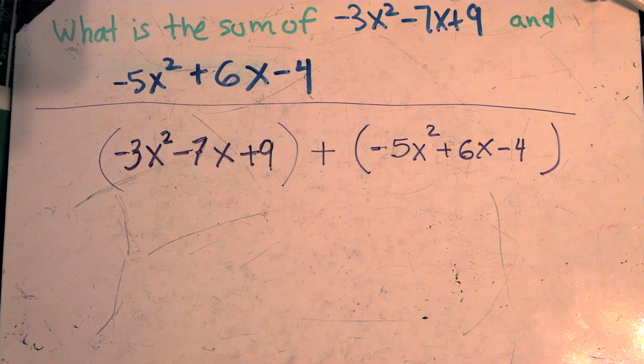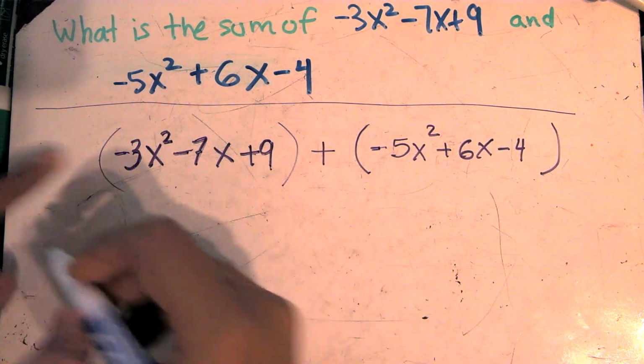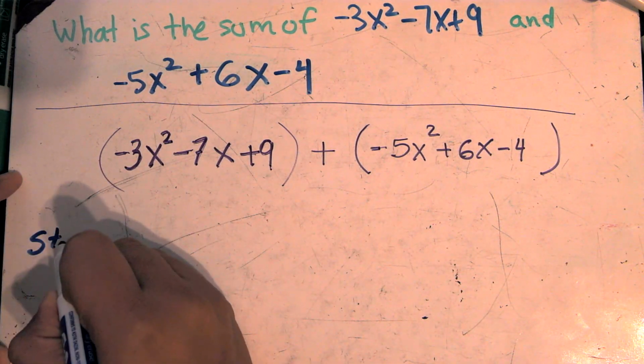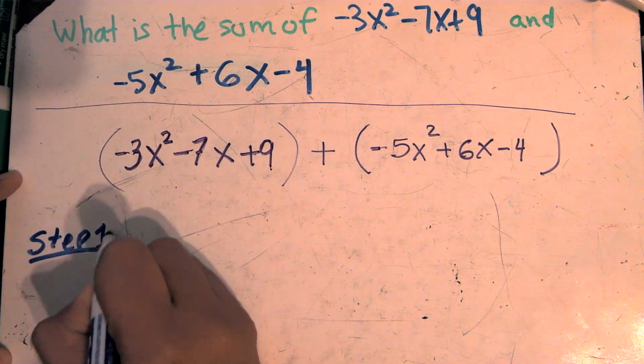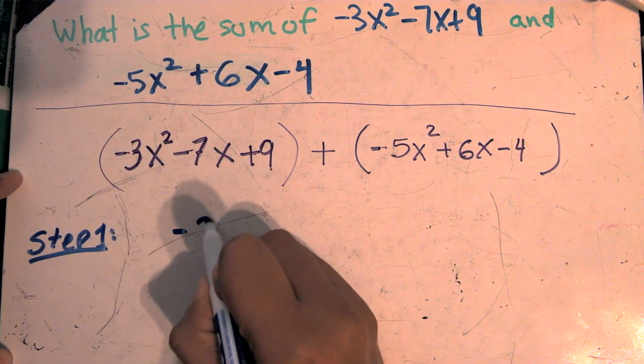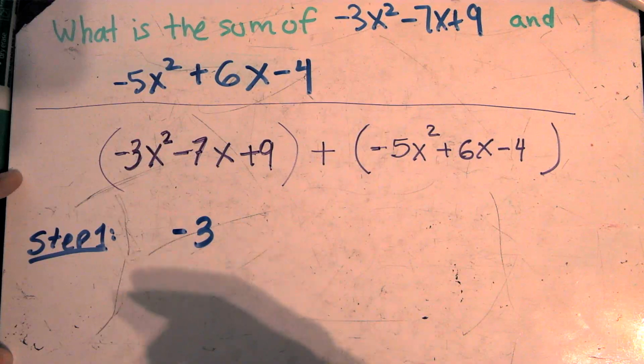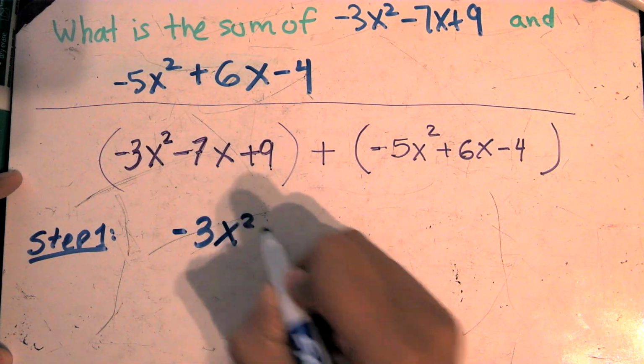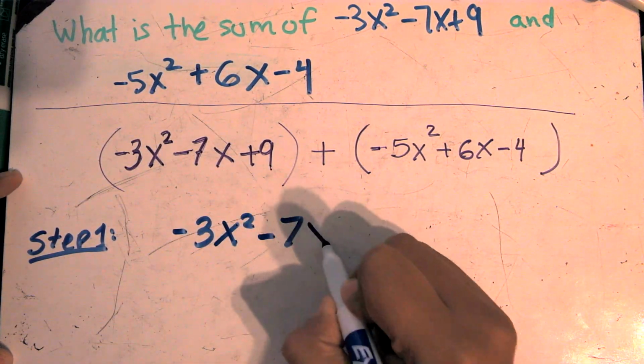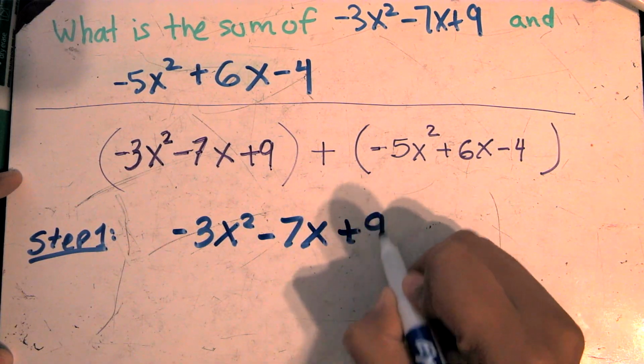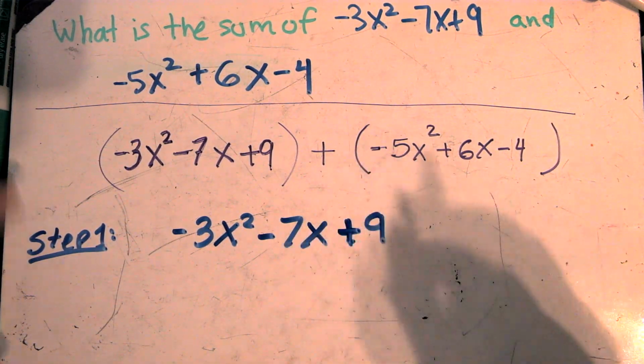And I'm going to group the two polynomials vertically by like terms. So I'm going to start with my first polynomial, and the order doesn't matter which polynomial I write down first, because when we add, order doesn't matter.